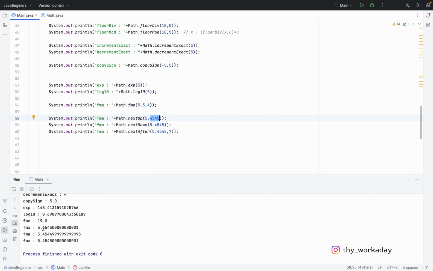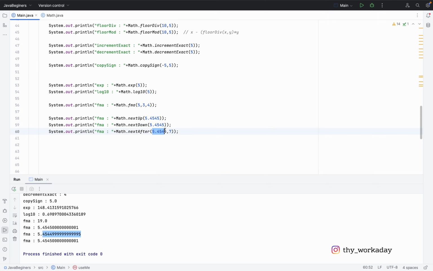It will be 4.5 and 0 0 0 0 1, right? It is saying next up means it will increment. Next down means it is 4.5, so it will go down by 1, so 4.4999 instead of this. You got it, right?